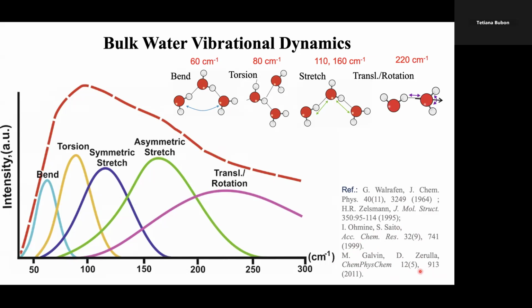And there is one work from Wallraffen that studied this, but I'm not sure it can be said to be an experimental observation; it's more like a theoretical prediction. So they thought that this mode is related to reorientation of water molecules.